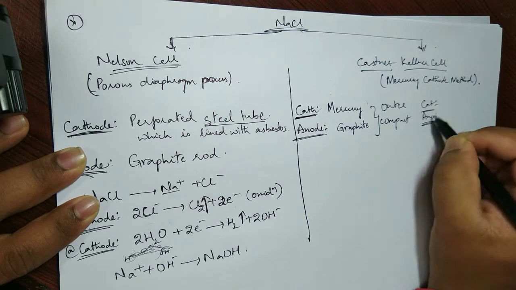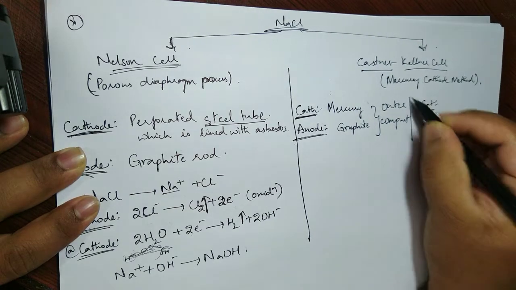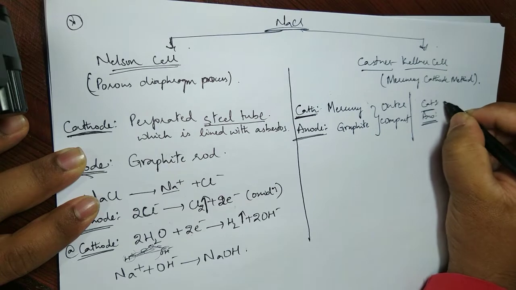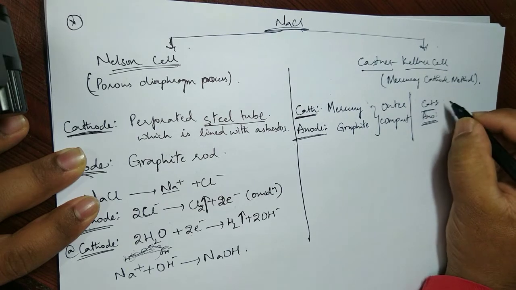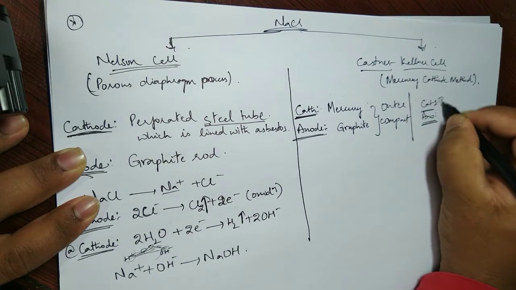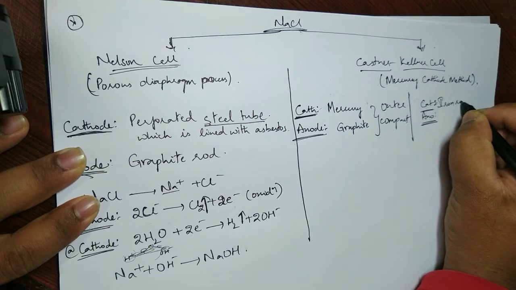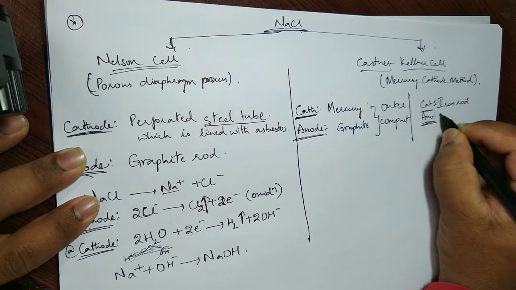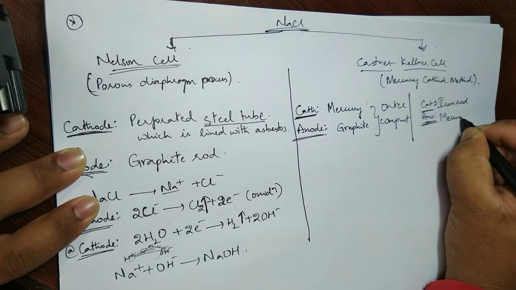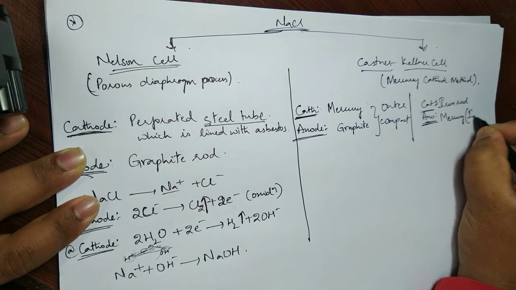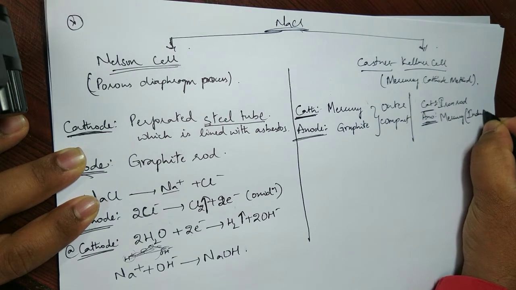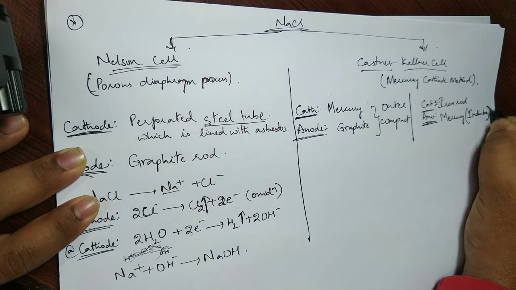For the inner compartments, the cathode is the iron rod, and the anode is our mercury. Now, why is this acting as anode? It is due to induction. I hope you know what induction is. In physics you should have studied induction.